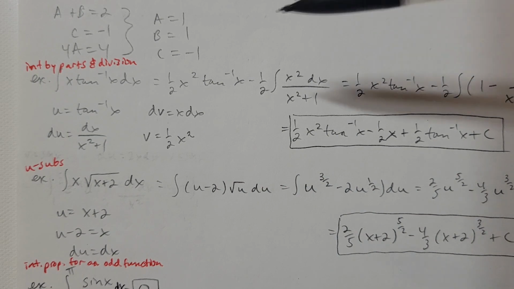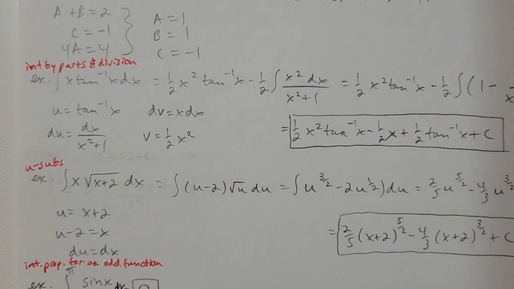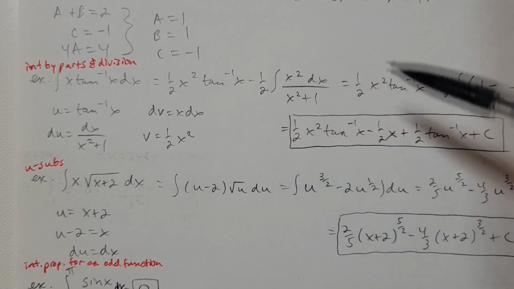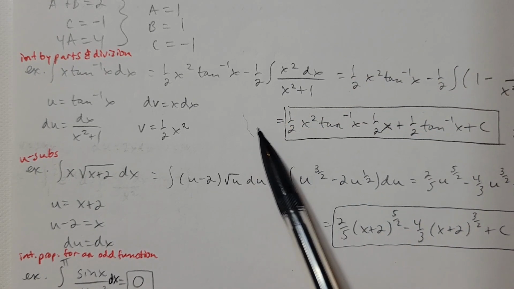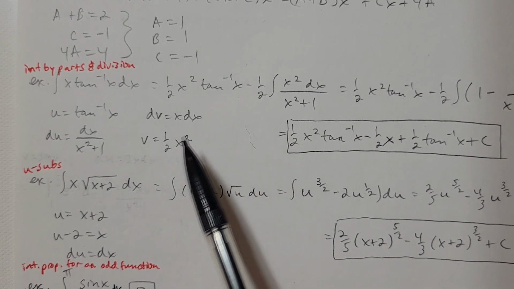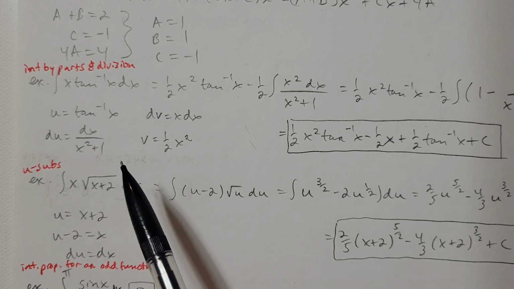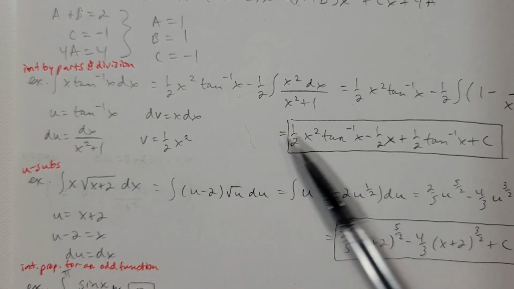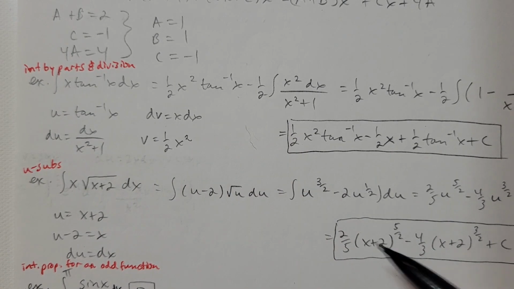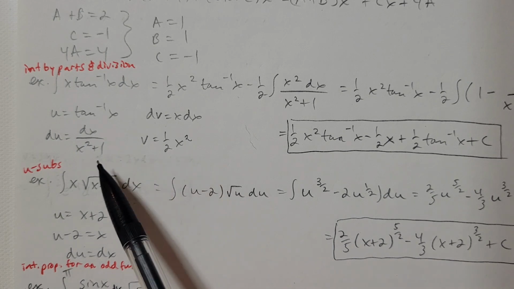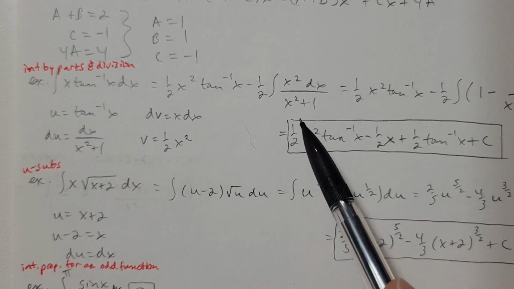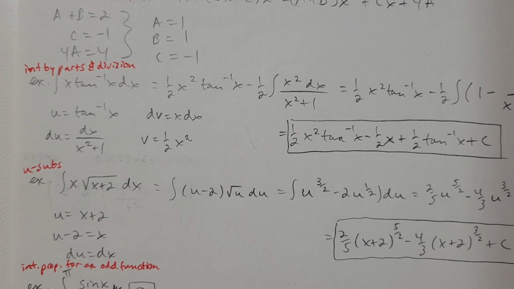So u times v is 1/2 x squared times tangent inverse of x minus the integral of v du. That's 1/2, a constant that can come out of the antiderivative. So then I got x squared divided by x squared plus 1 dx inside the integral. Okay.